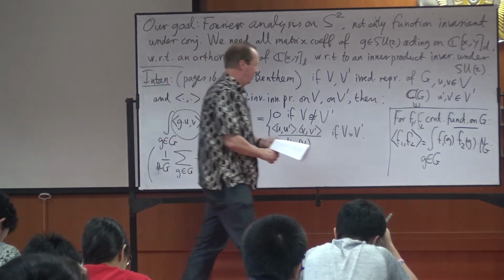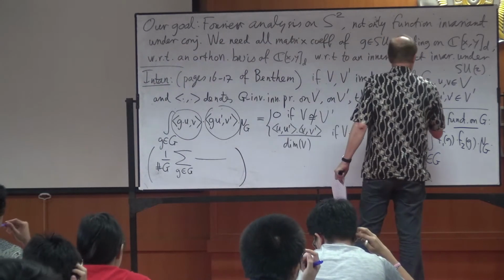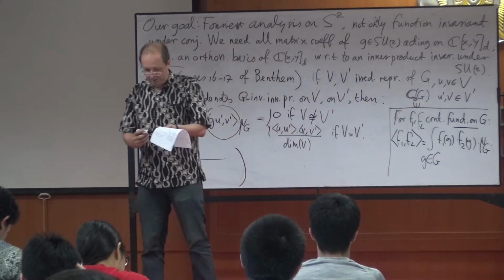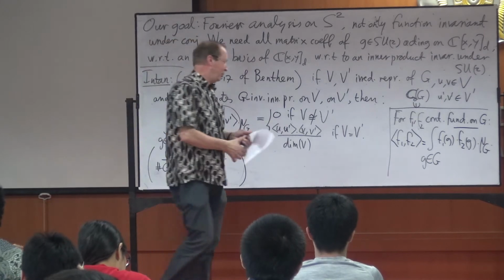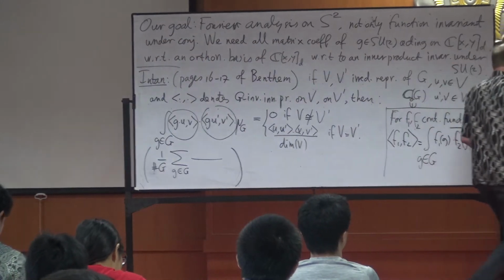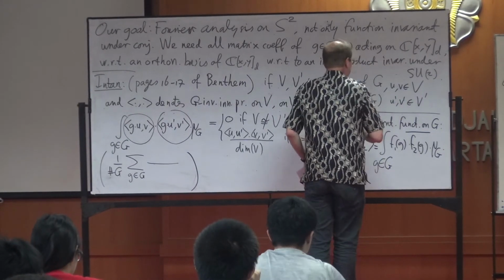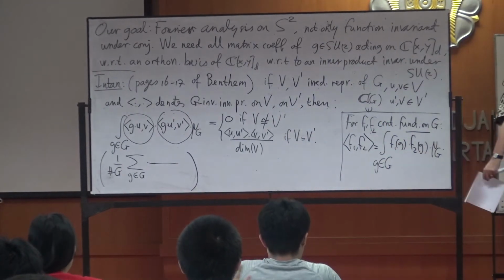So let me say C0 or so for continuous. Oh, that was a complex number. Okay, so then it's fine. The C with no blackboard bold is just continuous.